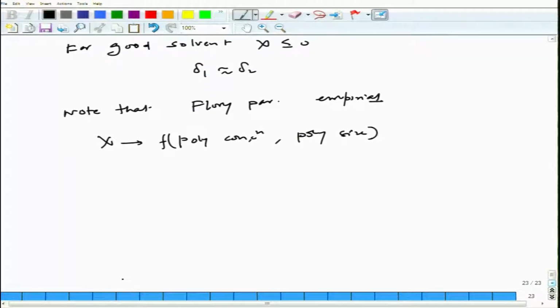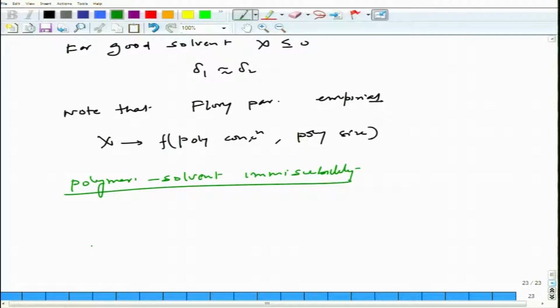Now, if you are interested in finding polymer-solvent immiscibility using this Flory-Huggins theory, you can only obtain partial immiscibility.